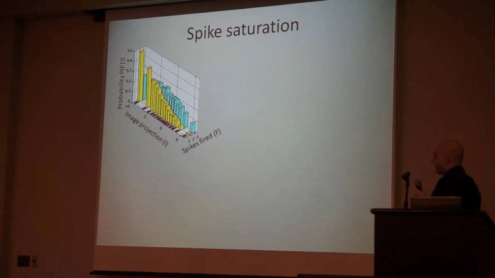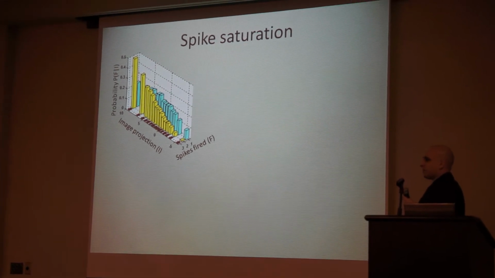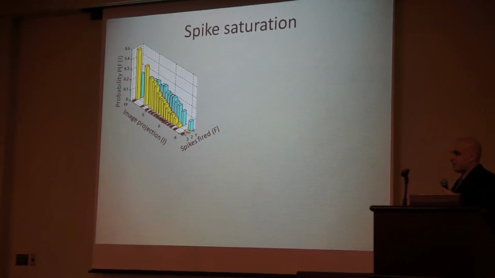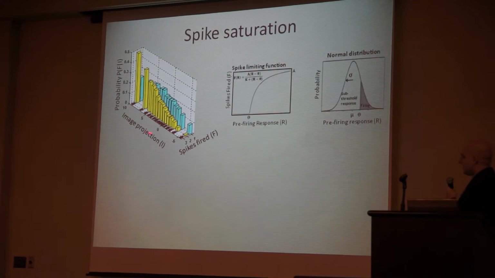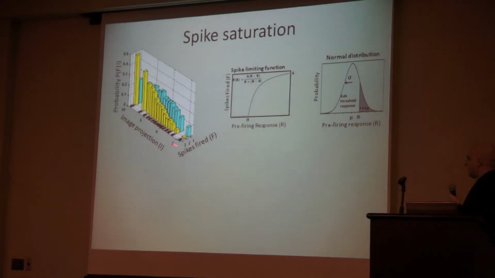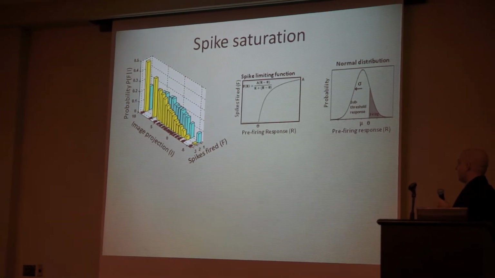Now, a few of the cells we recorded from presented a more complex behavior where the probability to fire intermediate spiking magnitudes was greater than the rest. And we hypothesized that this is because of a refractory period, which limits the ability of the cell to generate a high magnitude firing.